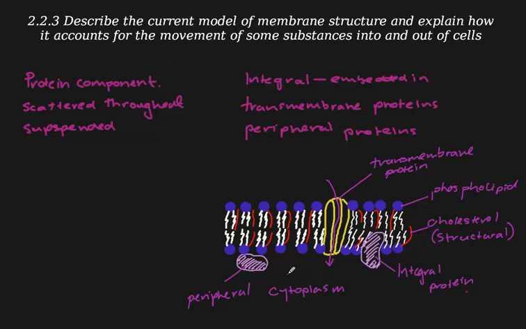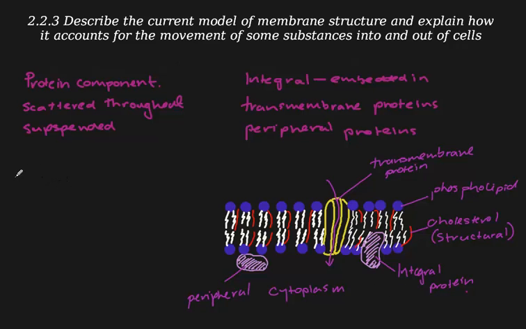And peripheral proteins are responsible for packaging up products of digestion or other products synthesized within the cell and moving them through the lipid bilayer. We also see these integral proteins, which have an important role in moving things into and out of the cell.